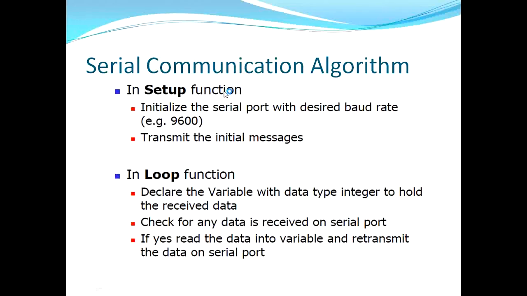First is the setup function, which sets the data rate used for transmission at the transmitter side, and the loop function is used to display the data. Whatever data we want to display on the serial port has to be written in the loop function. So let's see the program.